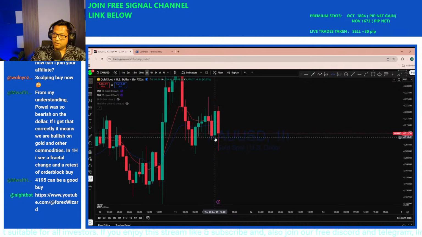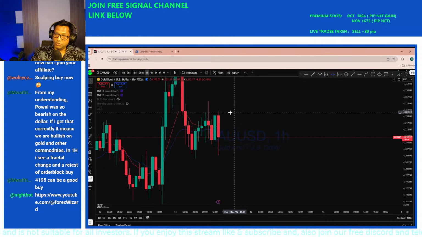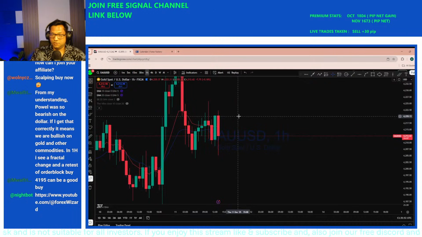And if you look at this 1 hour candle, this green bullish candle didn't play out very strongly.